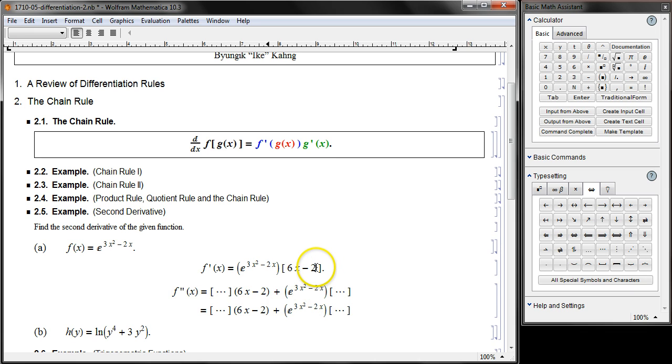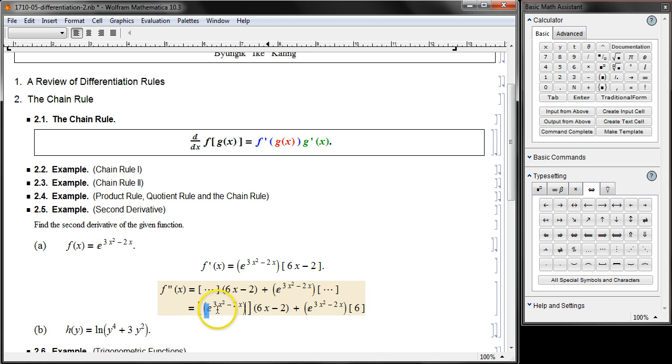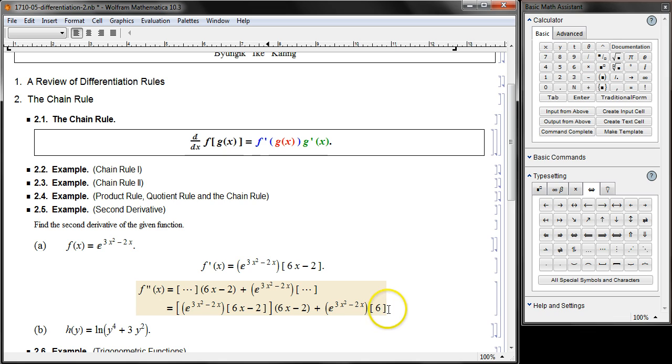The derivative of 6x minus 2 is just 6, so that takes care of the second part. How about this first part? It's an exponential function, so it always stays the same. And then by chain rule, you have to multiply the derivative of the inside, which is 6x minus 2. So in the end, what do you get?